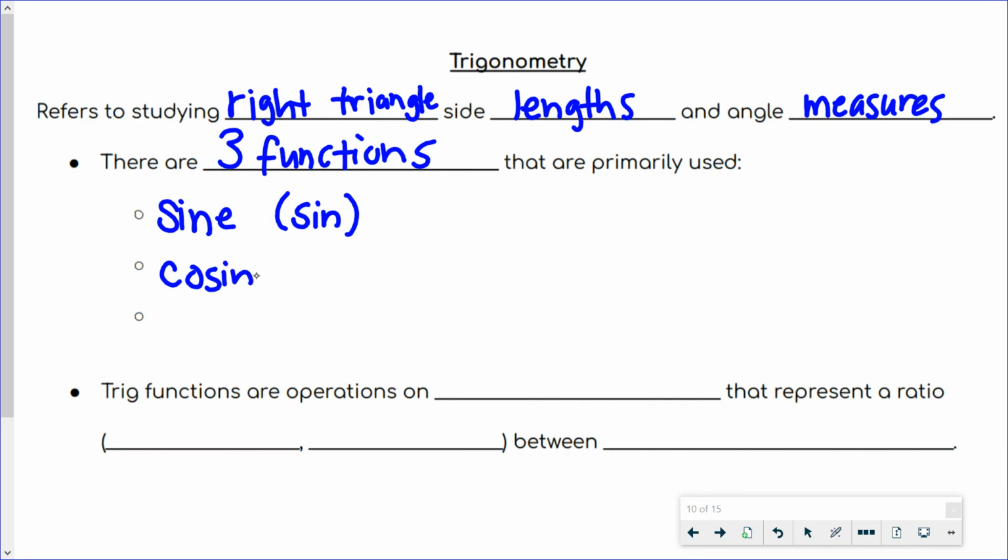Cosine, which is COS, and tangent, which is TAN. So those are the three functions that we are going to use that create a relationship between our side lengths and our angle measures.